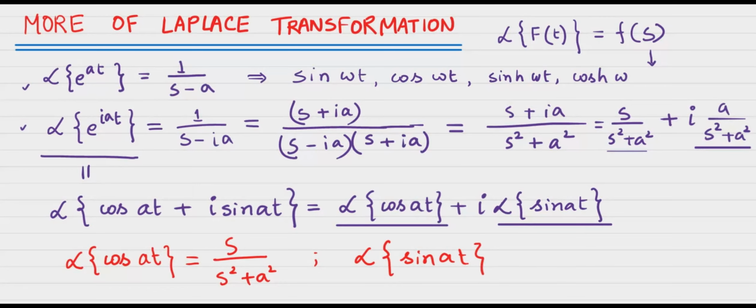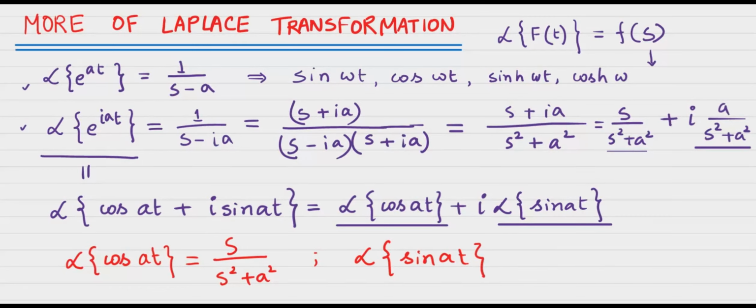The difference is a plus sign instead of a minus sign, because we know cosh at is equal to e to the power at plus e to the power minus at, divided by 2. And of course this is from the definition of cosh. As you can assume, it follows the same way except for a plus sign instead of a minus.